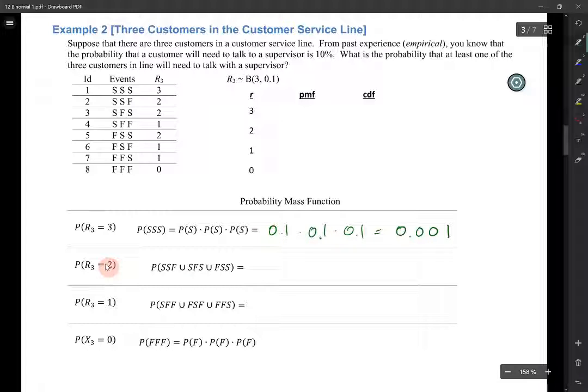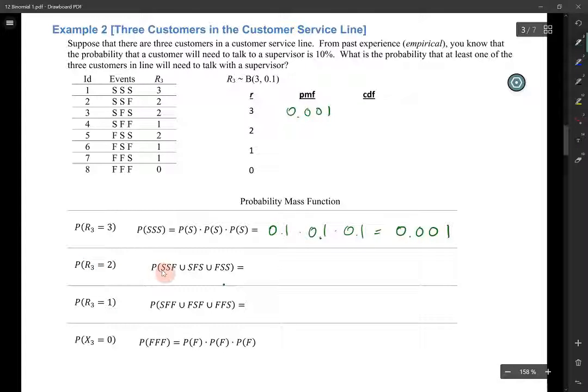Okay, so let's back down 1 notch. This one is 0.001. We're filling in the probability mass function, because when you do these kinds of problems, it's nice to have the whole probability mass function in your back pocket. As the next one down, suppose instead of all 3 needing to talk to the manager, 2 of them need to talk to the manager. The number of successes in the 3 is 2.